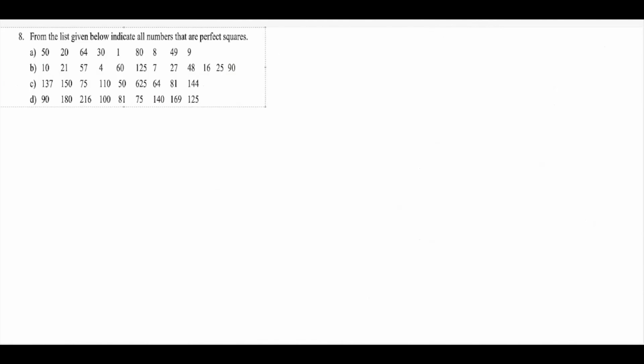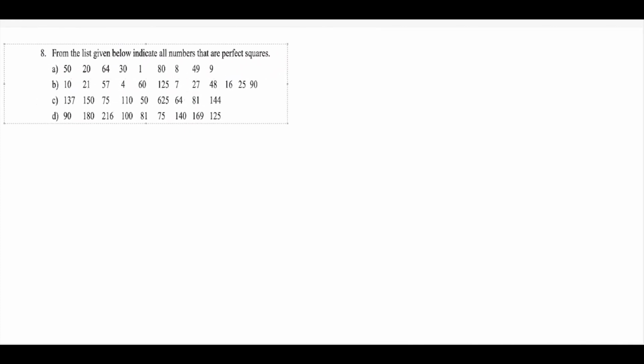Now let's try to check from the list if they are perfect squares. As I said, it can be a perfect square if you can find a square of that number and you can get the square root again from that number which is formed by the square. So take the lowest number, which is 1, and the highest number is 64.